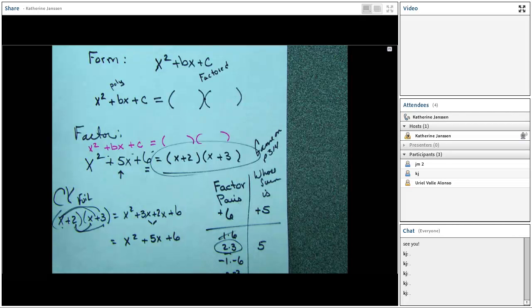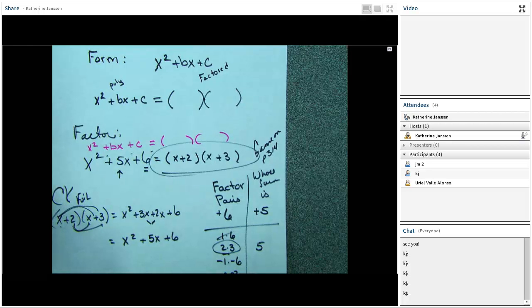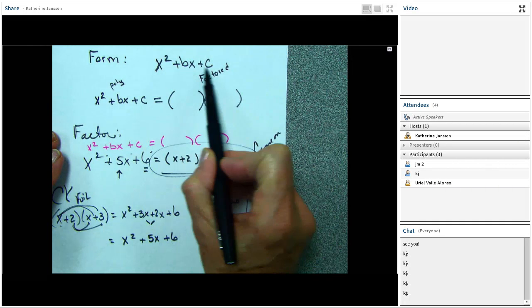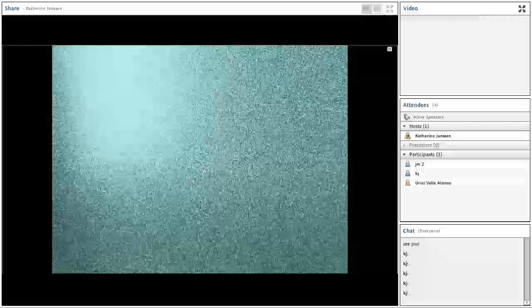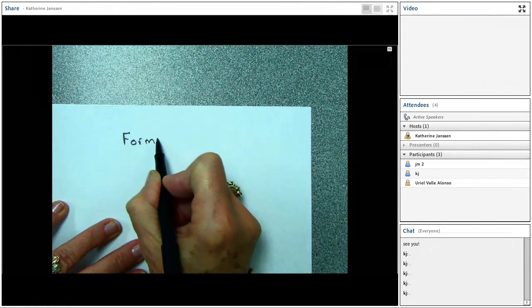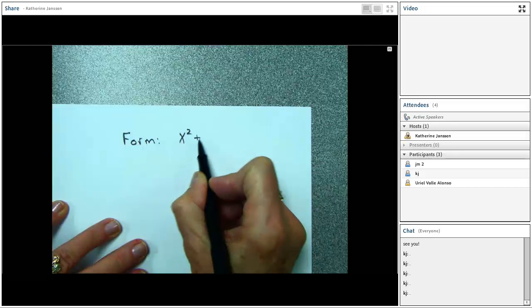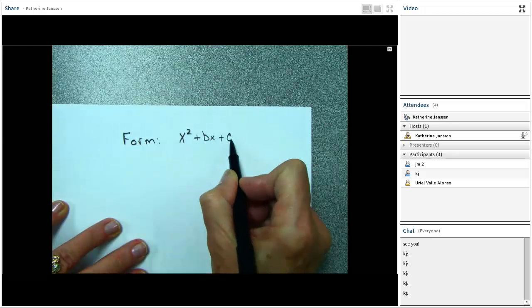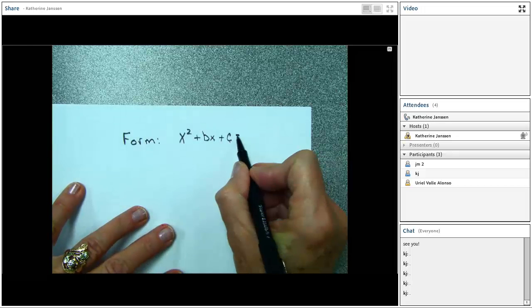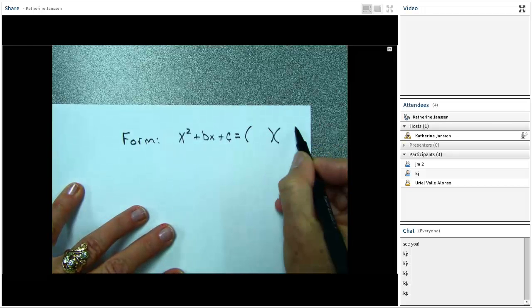So we'll be following this pattern now as we're factoring polynomials of the form pattern x squared plus bx plus c. So we have our form pattern, x squared plus bx plus c. x squared plus something times x plus our constant. We expect we can factor it as the product of two binomials.